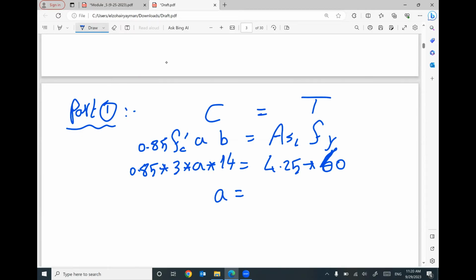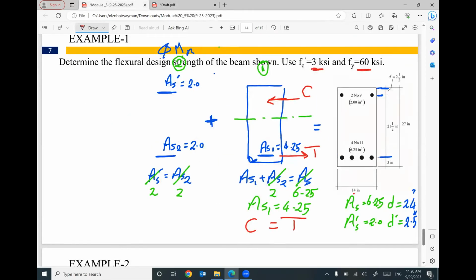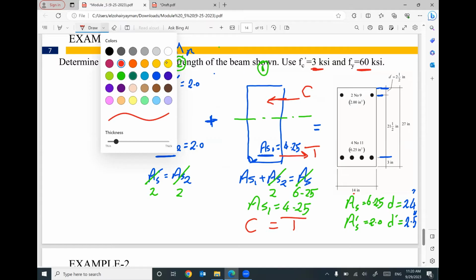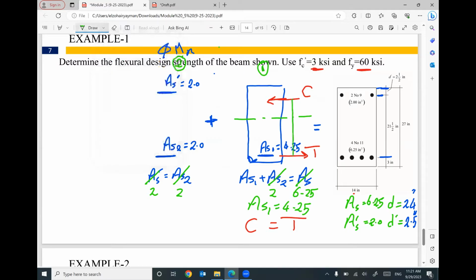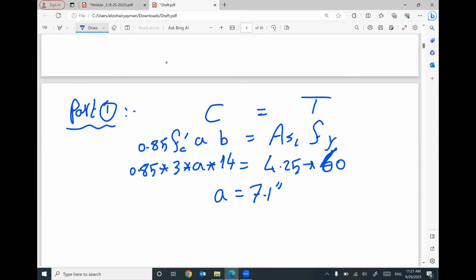I got 7.1 inch. Keep in your mind that the distance between the two forces in this part equals D minus A divided by 2. This is the normal that we learned before. So your nominal moment for this part will equal capital T times D minus A divided by 2.